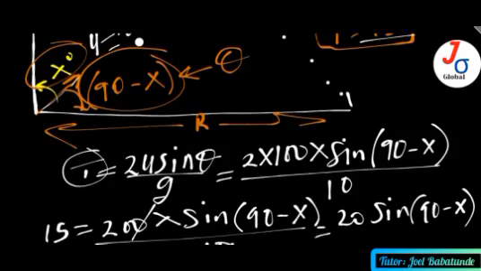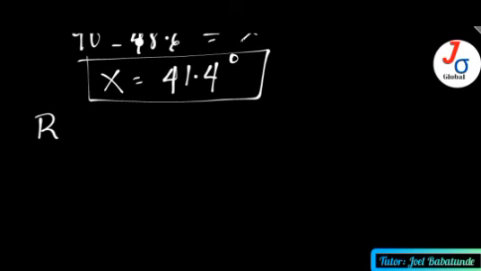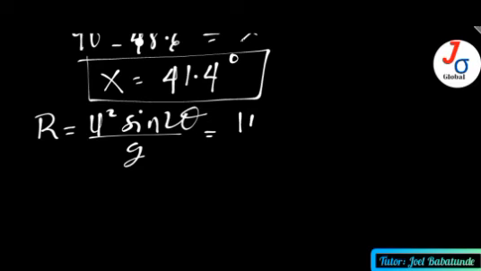That takes us back to the formula for range, which is u squared sine 2 theta over g. What's our u? Our u is 100, so that's 100 squared sine 2 times, what's our x? Oops, sorry, we can't use our x; we have to use our theta.